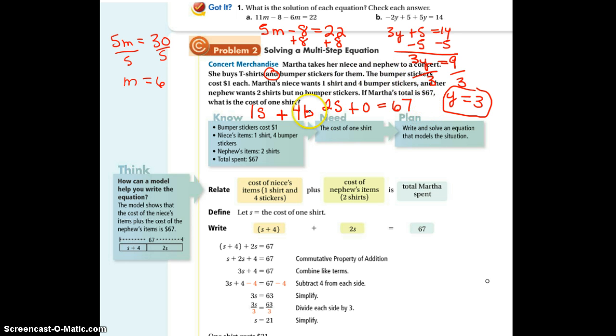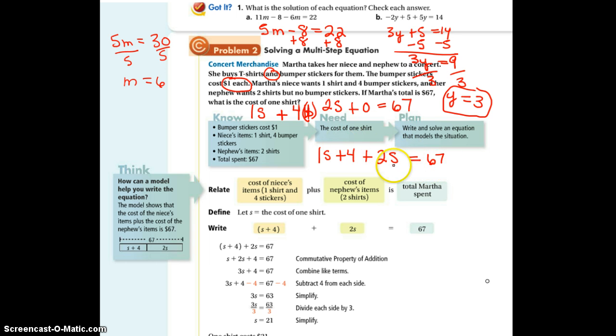All right, now the bumper stickers are $1 each. So I know that these bumper stickers right here are $1. So since they are $1, right now what this would simplify down to is 1 shirt plus $4 for the bumper stickers plus 2 shirts plus 0 is going to give us $67.